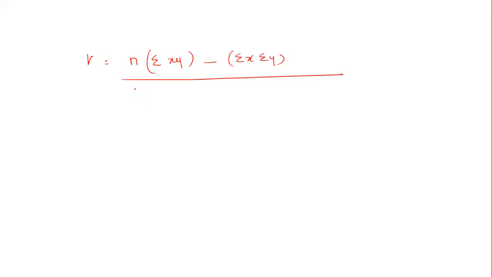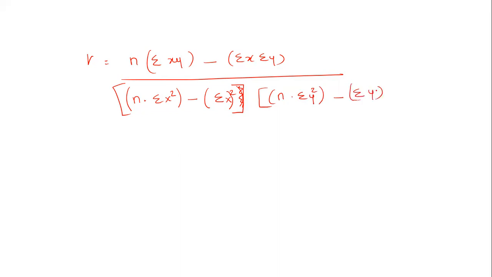Similarly, in the denominator, N into summation of X squared minus summation X, the whole square, into N into summation Y squared minus summation Y, the whole square. So let us take down all the values.